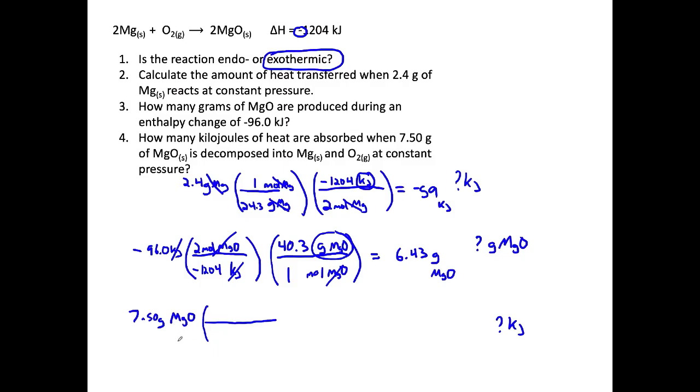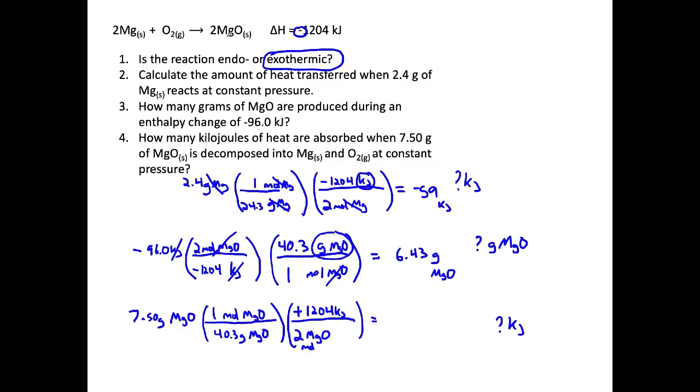I still want to do dimensional analysis. All right, there are 40.3 grams of MgO in 1 mole of MgO. And if we were to do this reaction in reverse, 2 moles of MgO, right, is going to require positive 1204 kilojoules of heat.